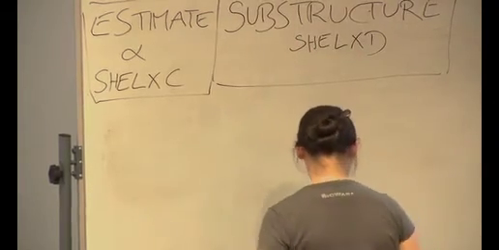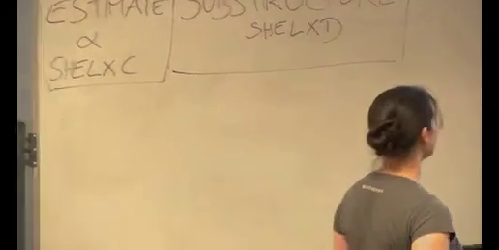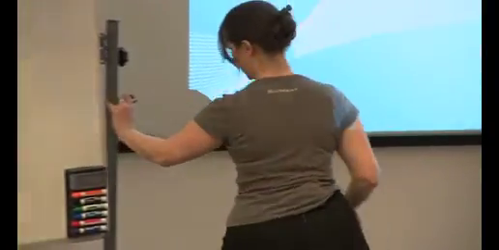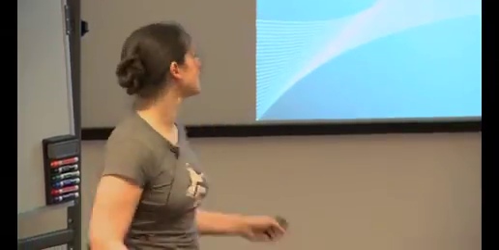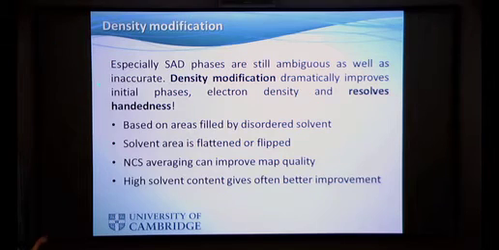So we have initial phases. However, we need in most cases to apply density modification because of the inherent errors, and in SAD because we haven't resolved that 0 and 180 degrees issue yet. And in addition to all of that, we still don't know about the handedness. So the phases can be called ambiguous.